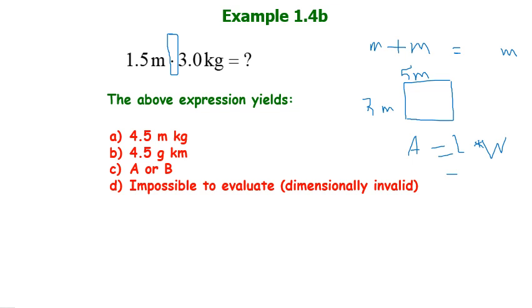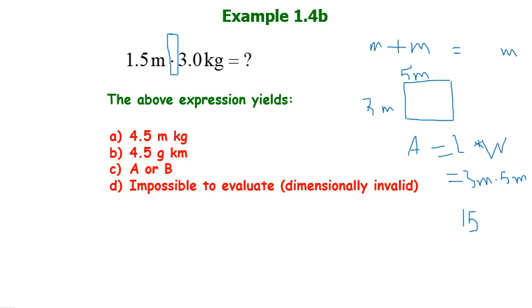It would be 3 meter times 5 meter. And as we said before, the units follow the same mathematical rule as their values. So we will multiply 3 times 5, 15.